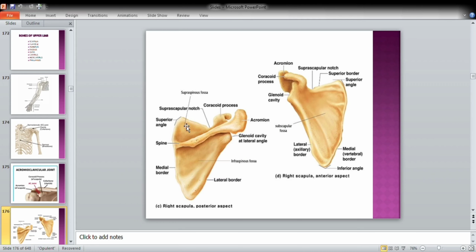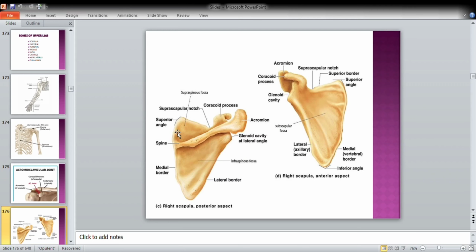Above the spine lies the supraspinous fossa. First of all, you have to locate the spine of the scapula so that you can figure out that the infraspinous fossa lies below it and the supraspinous fossa lies above it.